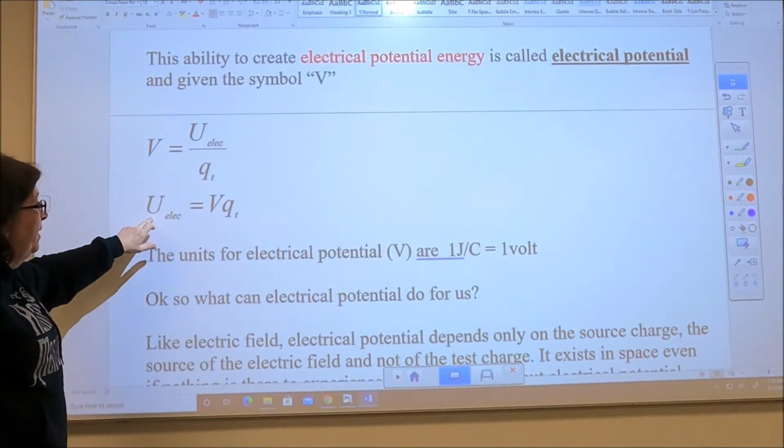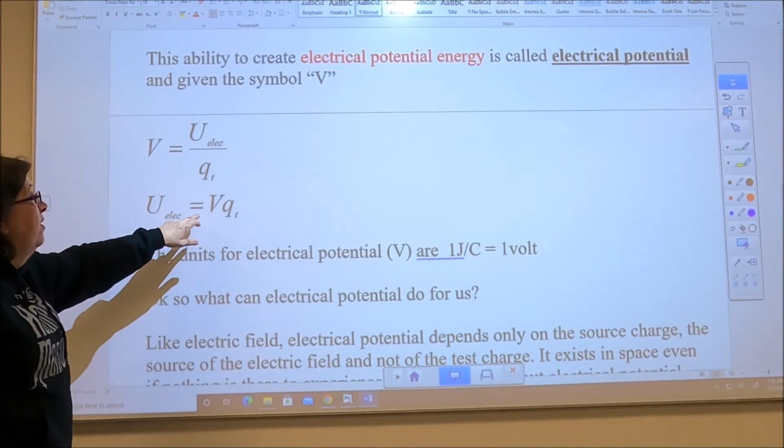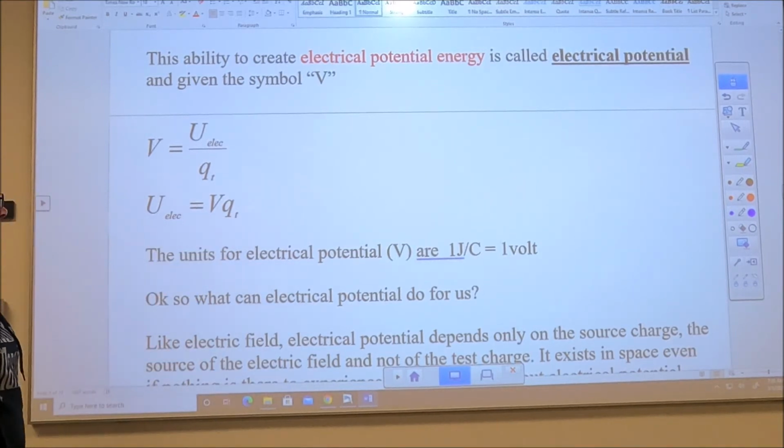So electrical potential energy is equal to electrical potential times the test charge that is experiencing the electric field. Okay? Now, electrical potential is a lot like field. The field is there in a region of space for a particle to experience.